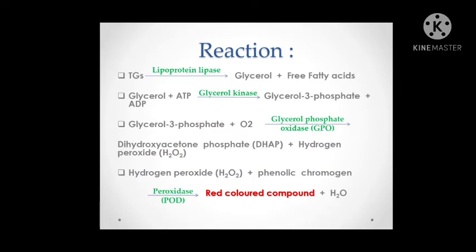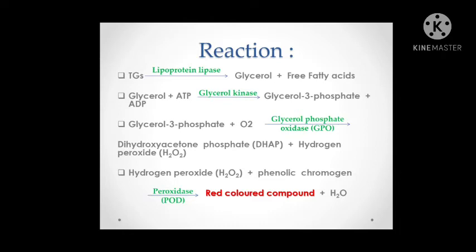The reaction is a combination of 4 steps. First, triglycerides by the action of lipoprotein lipase produce glycerol and free fatty acids. Second, glycerol along with ATP by the action of glycerol kinase produces glycerol 3-phosphate and ADP.